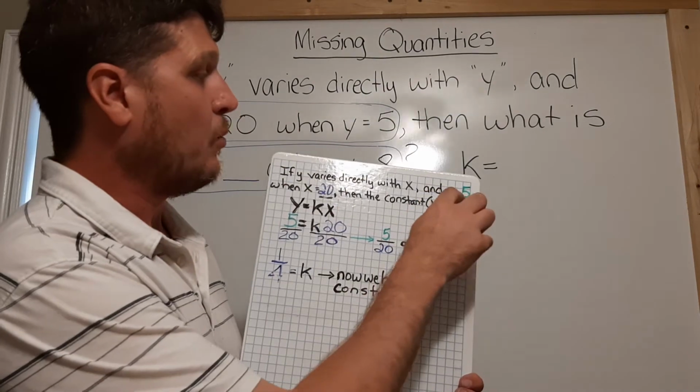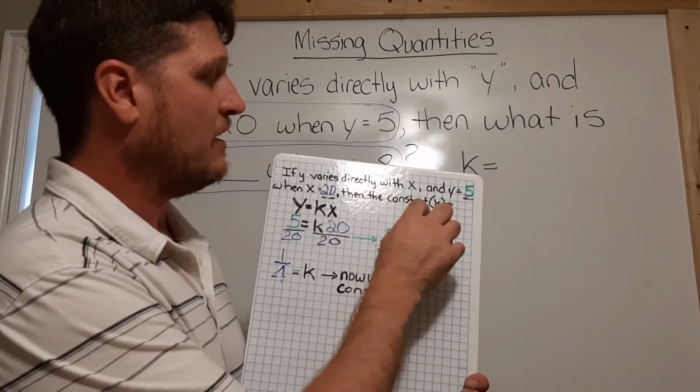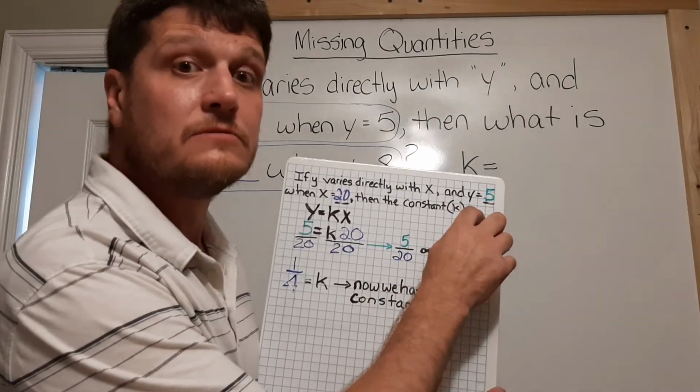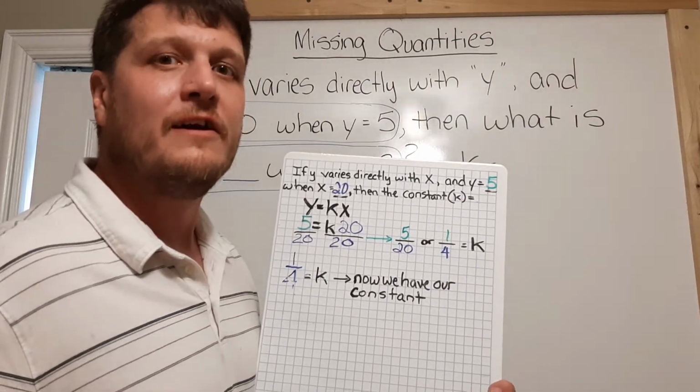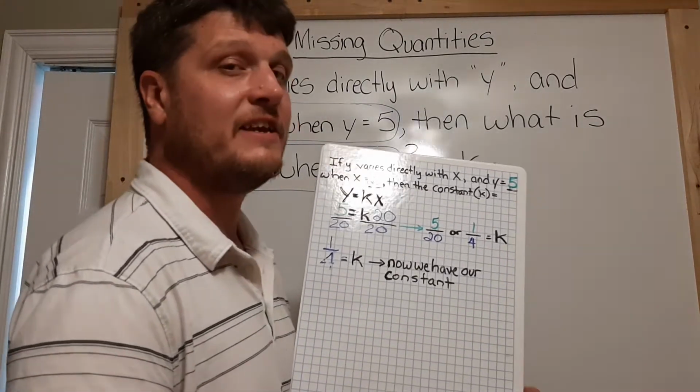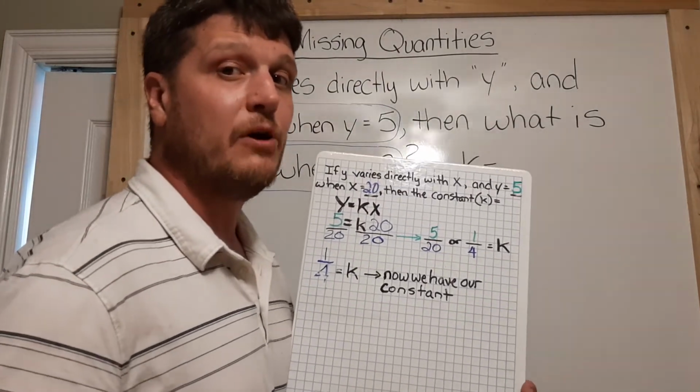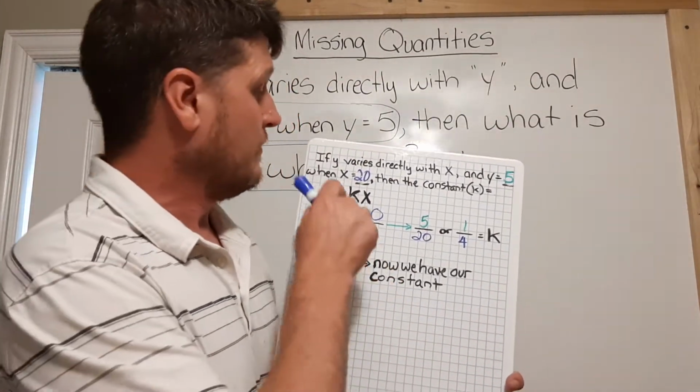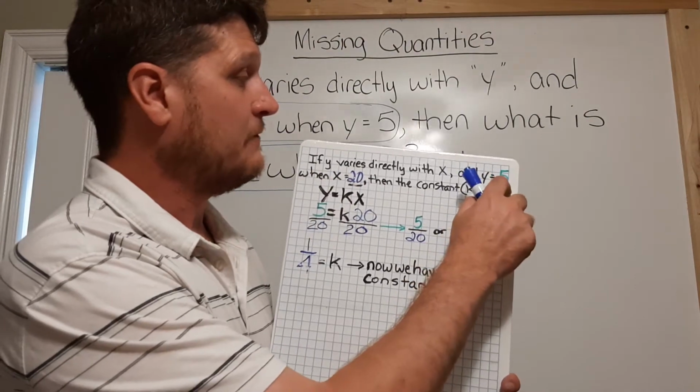X is 20, y is 5. Then the constant value is what? We don't know. But the lovely thing about this problem is, guess what they give us? They give us both of the variables. They give us x and they give us y.